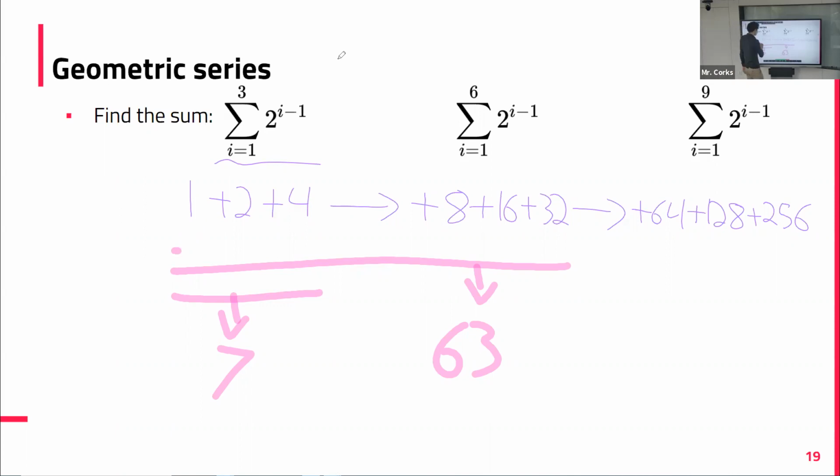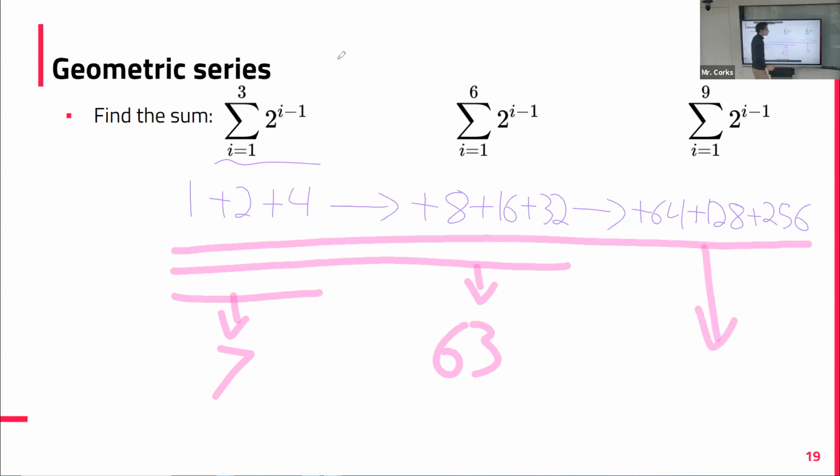Okay. And what would the next one be? Don't do it manually. Look for the pattern. What's the shortcut you can see here?